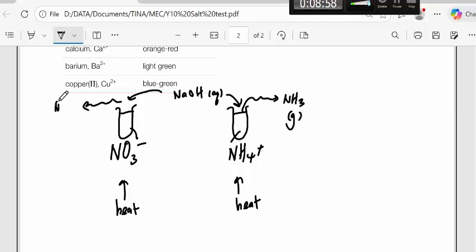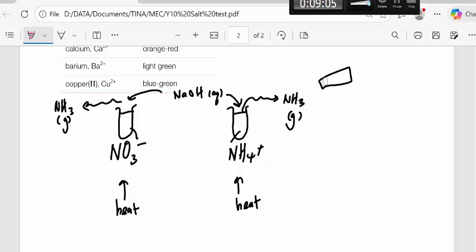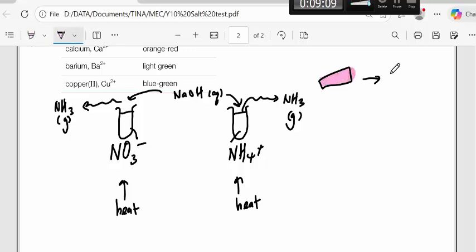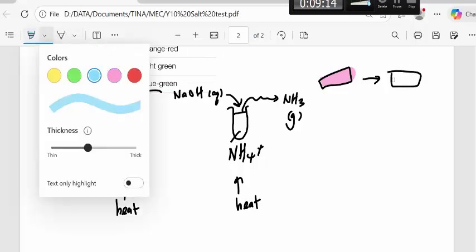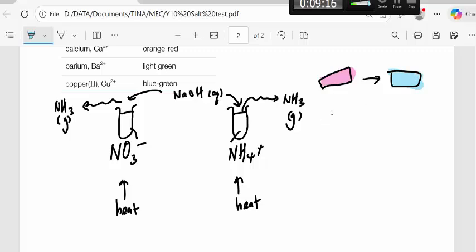How do you know something is ammonia gas? You take a red litmus paper. The red litmus paper will turn blue because it is alkaline. So if red litmus turns blue, that means there is ammonia gas, which means it is one of these two things. The test is the same.